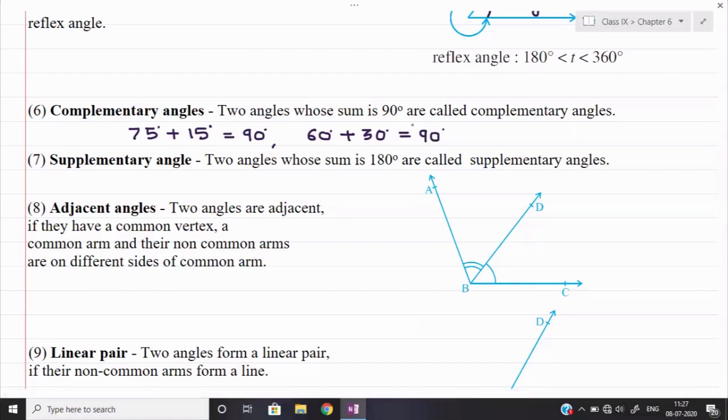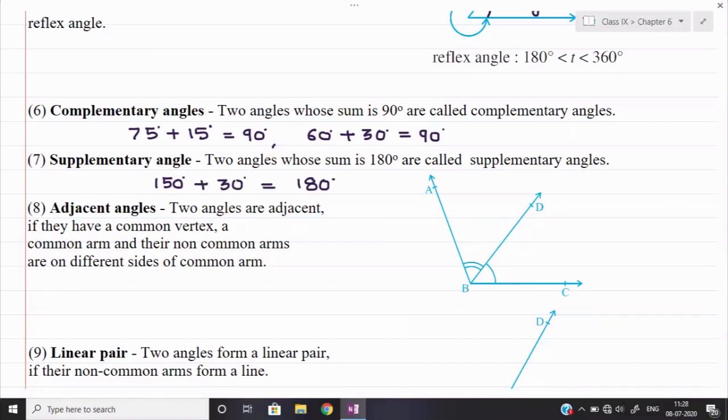And if I have two angles, suppose one is 150 degrees and another one is 30 degrees, that will be equal to 180. So if I have two angles whose sum is 180 degrees, then we can say that the angles are supplementary angles.